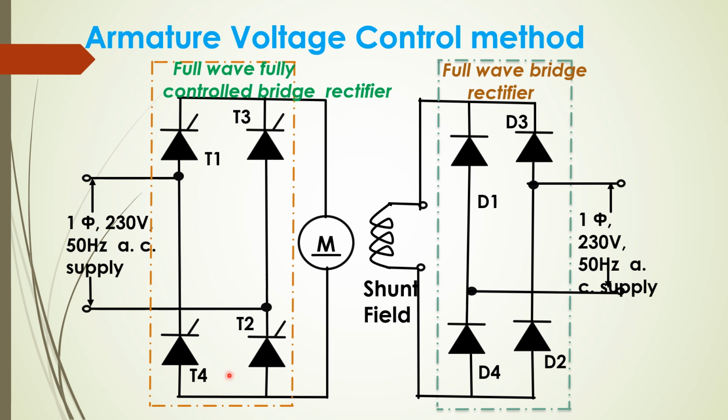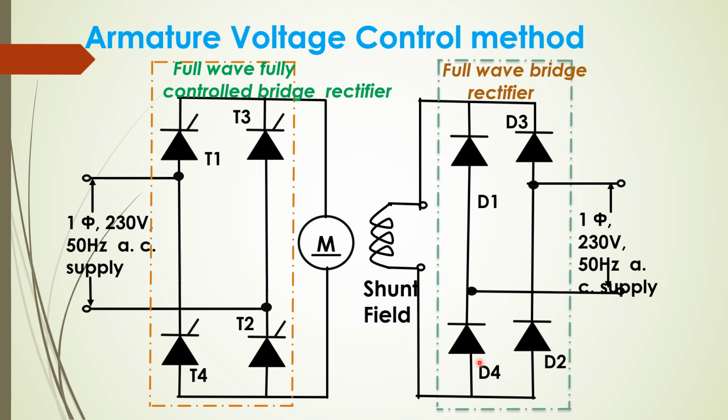Now we'll move on with the armature voltage control method. As I mentioned earlier, I have a DC motor, shunt field winding because it's a DC shunt motor. For armature voltage control method, we'll have the motor connected to a fully controlled full wave bridge rectifier, and the shunt field will be connected to another bridge rectifier which is full of diodes.